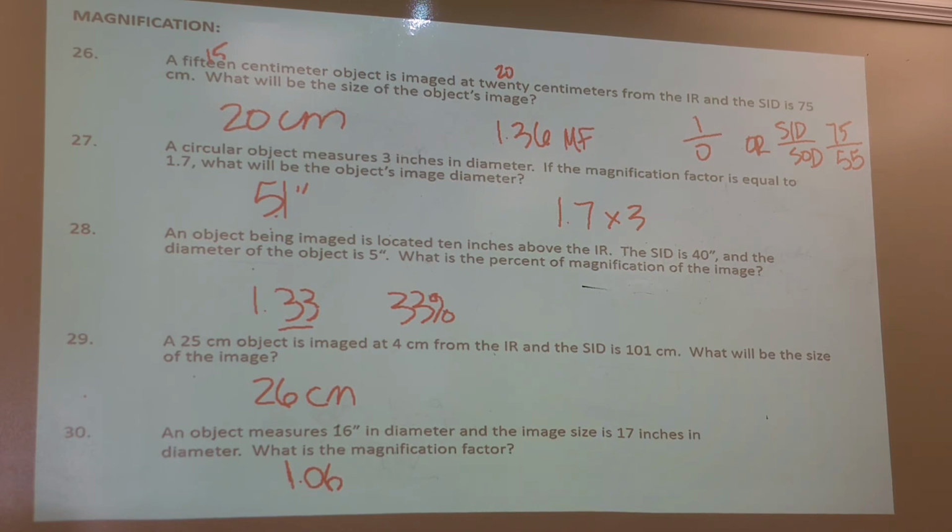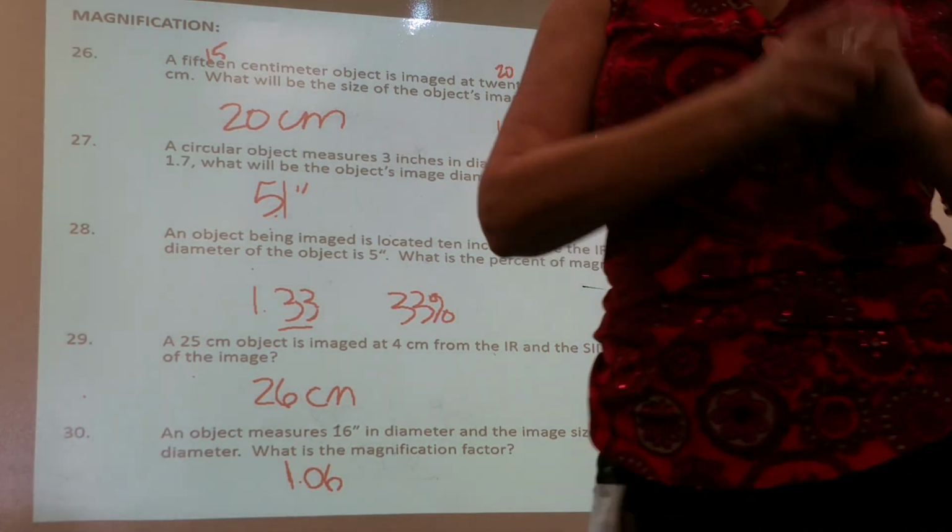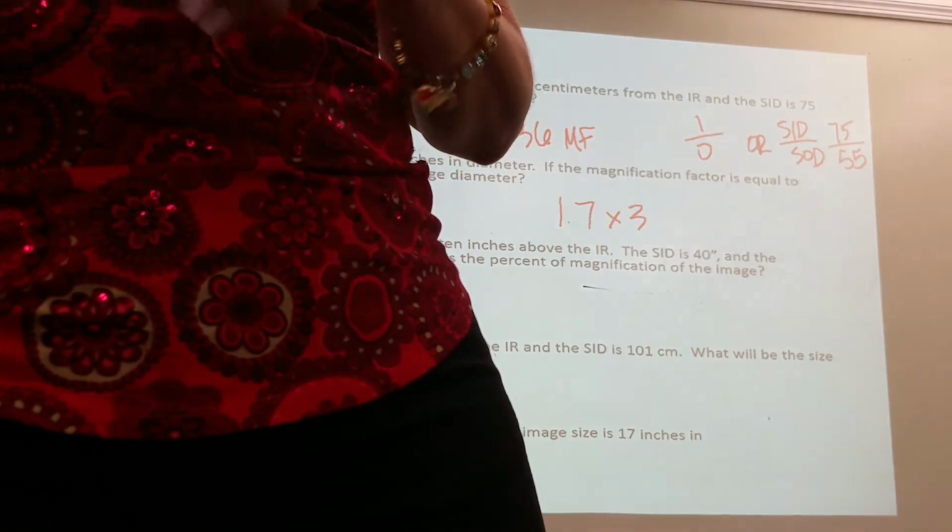Remember, we had filtration: what is inherent filtration, what's added, what is total, so go back and look at that. So no, it's just a variety. These were just for practice problems to make sure you could do the word problems, which we all hate. Or is that just me? No. The other ones will just be your basic questions like that. So go back through your notes and look at those kinds of things. And we still have some more to add on to it today. Yay. So let's take a break, come back.